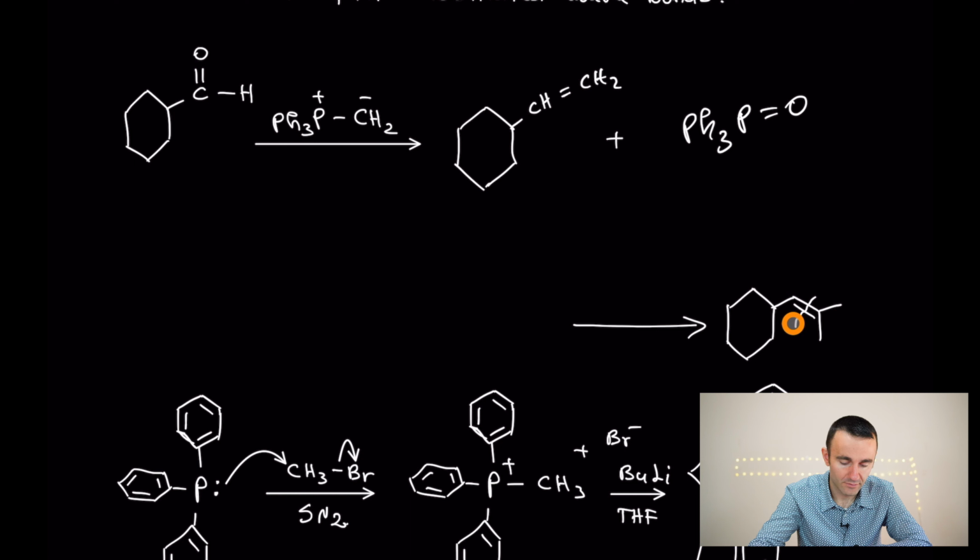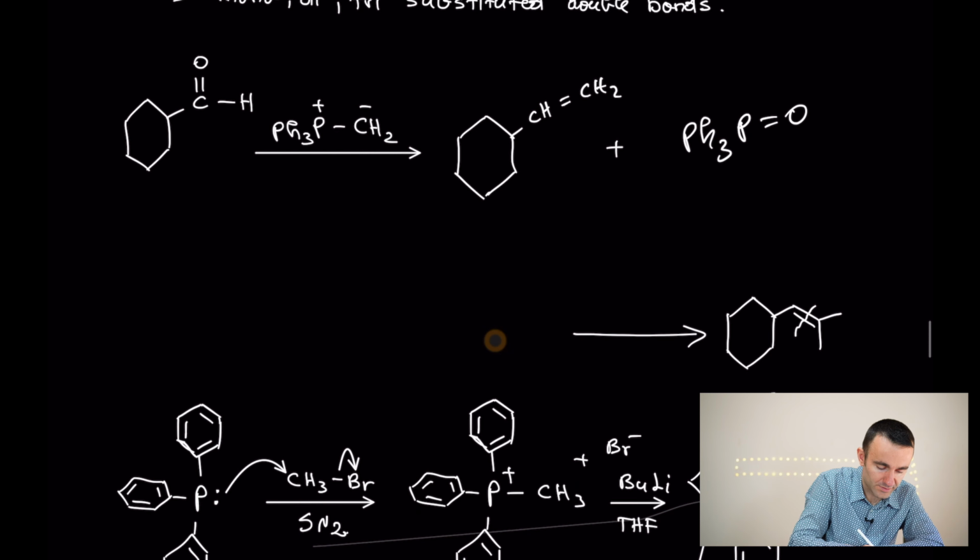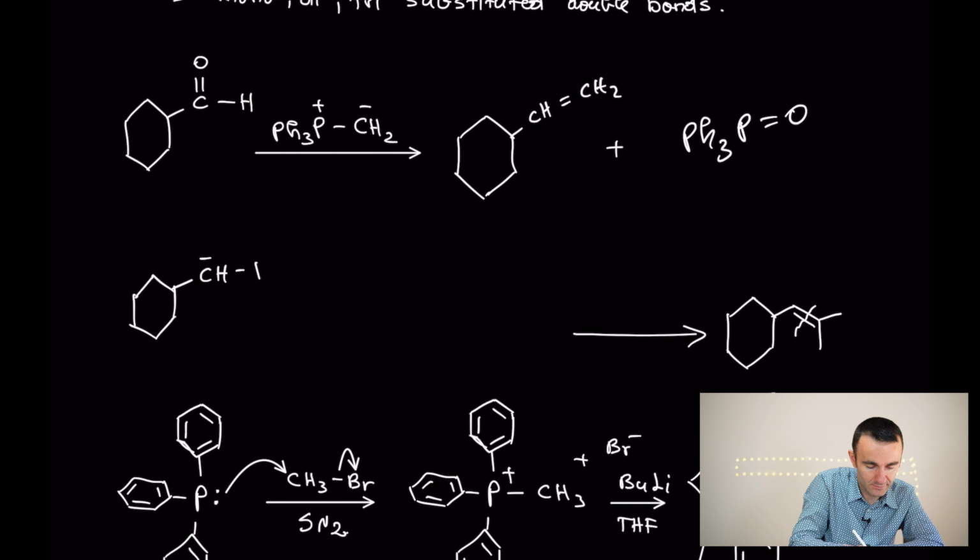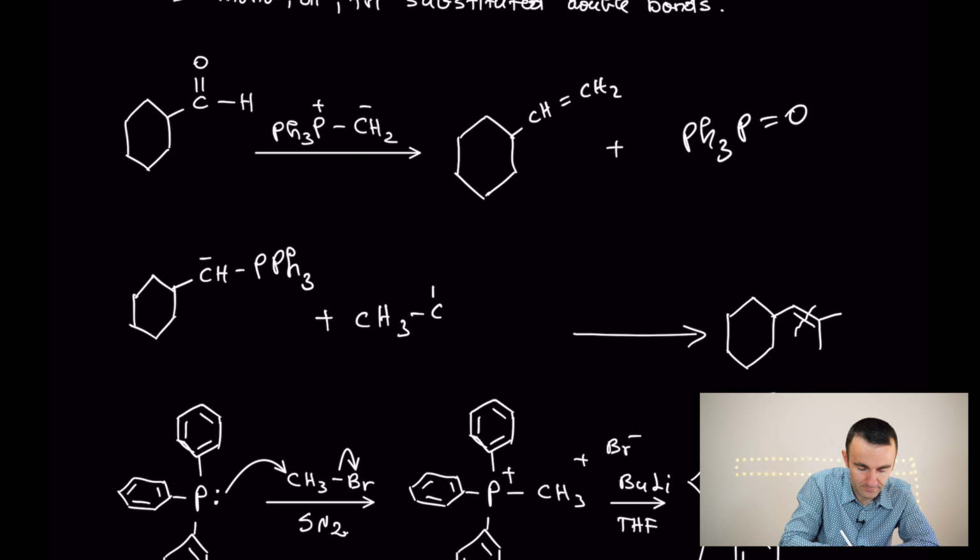Right? So what is going to happen? So CH minus PPh3. So this is going to react with the aldehyde, and you're going to have the formation of this compound because this is going to attach to this oxygen here, right?